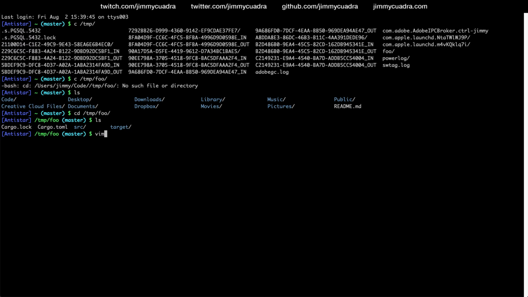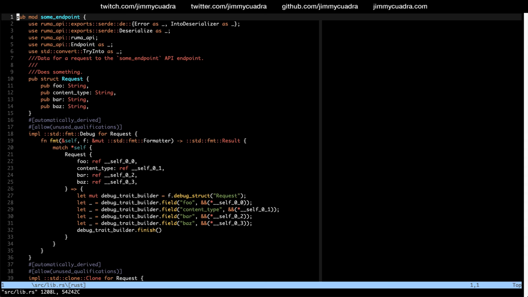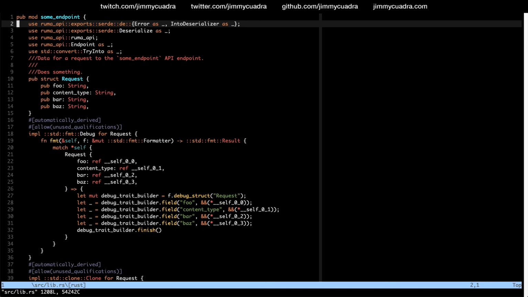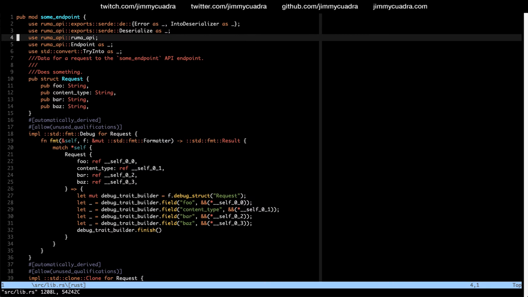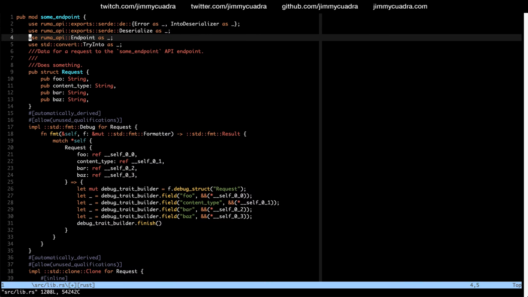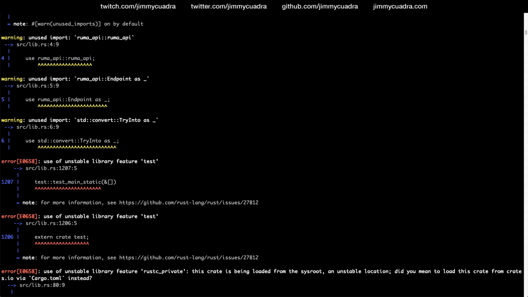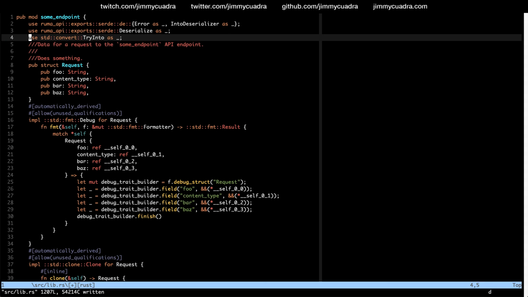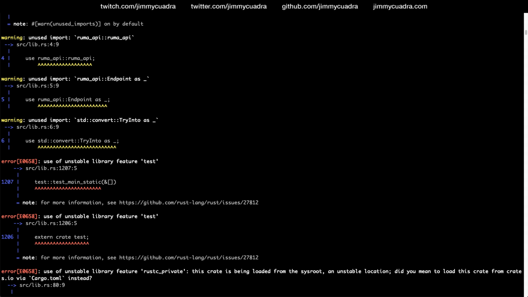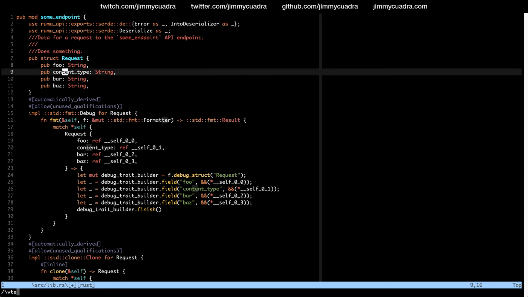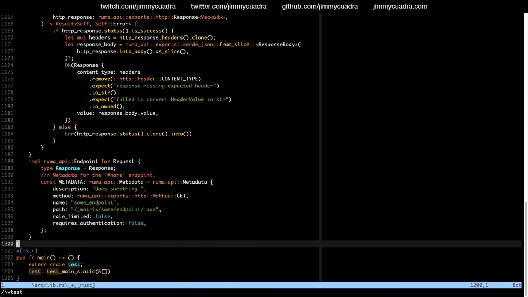Oh yeah, from src/lib. So we're not using ruma-api. We can probably get rid of that. What else was it complaining about? Unused import Endpoint. TryInto is not being used. Test is not being used. Oh yeah, let's get rid of this. We don't need test.